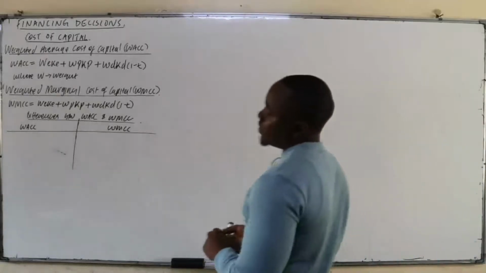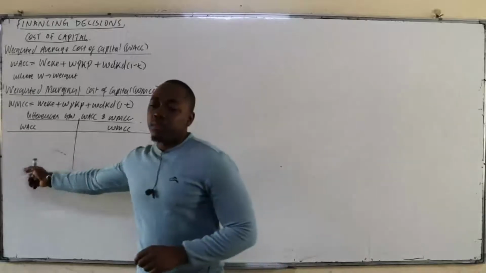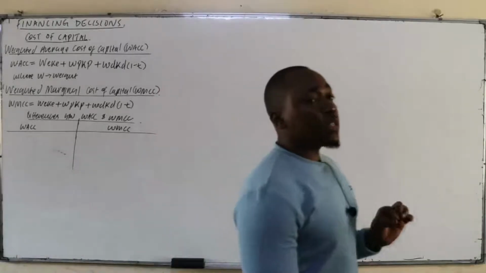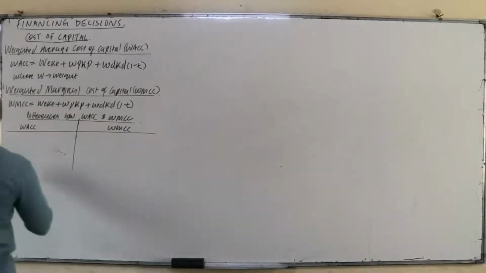Another difference: on the side of WACC, it uses market values to determine the weight or proportions.